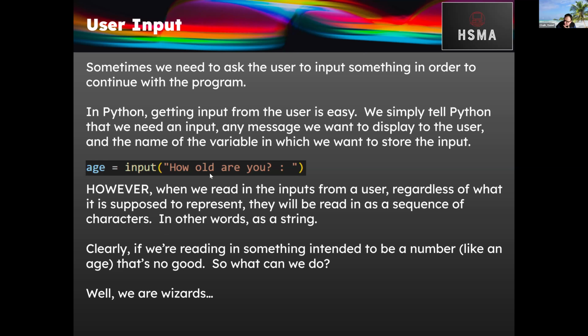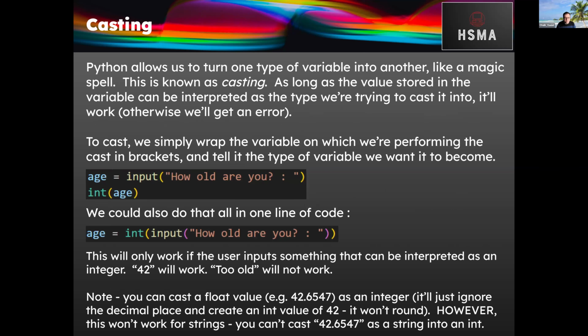Now, that can be problematic, obviously, if we're asking for something like an age, because we're presumably going to want to do something with it, and we may need to do mathematical operations on it, in which case that's going to be no good. We can't do that with a string variable type. So what can we do about that? Well, the good news is that as coders, we are all inherently wizards, so we can do something known as casting.